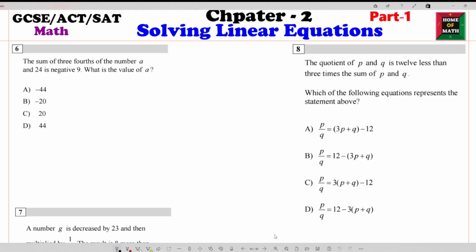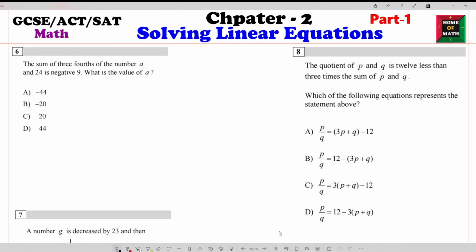Now number 6. In this video we are going to solve at least 8 math problems. Number 6. The sum of 3/4. What does it mean?